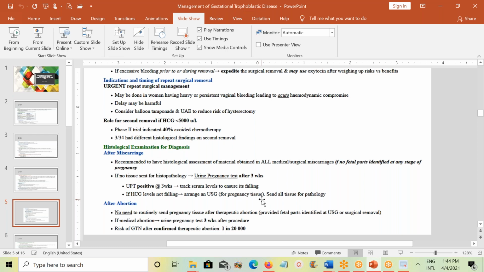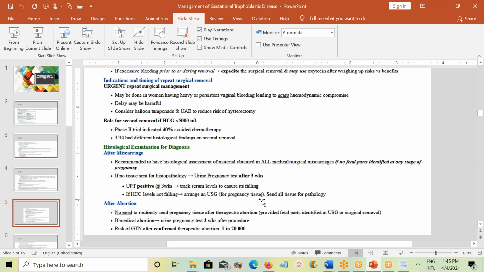Now this is after miscarriage. Sometimes there is no need to routinely send pregnancy tissue after therapeutic abortion, provided fetal parts were identified on ultrasound or on surgical removal.